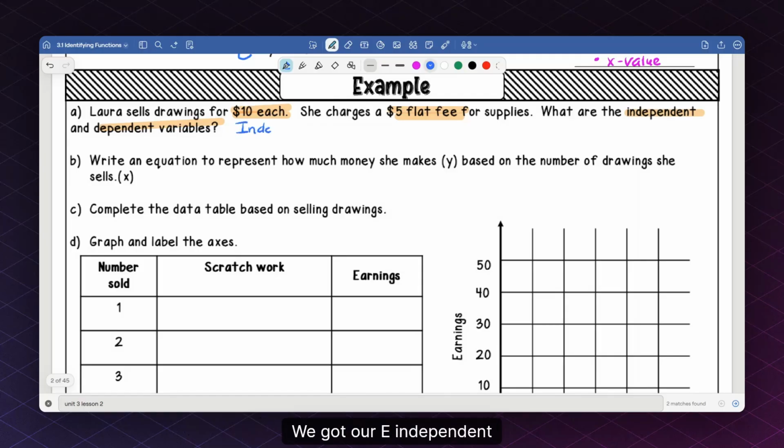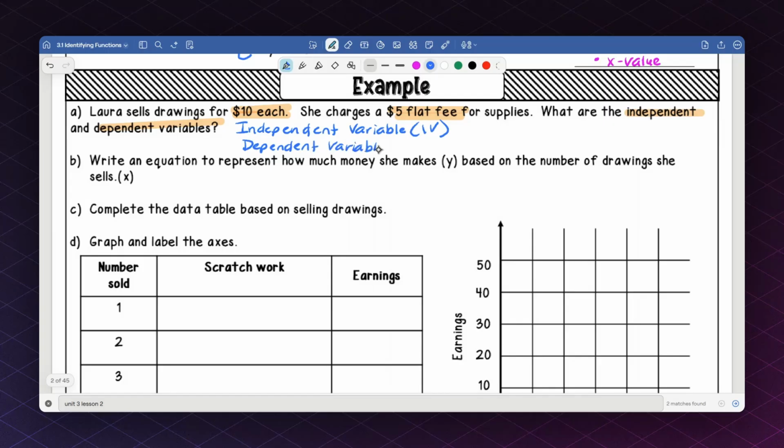We got our independent variable, and that we could abbreviate IV. And then we have our dependent variable. Okay, so think about it like this. Let's say that this artist goes to a sale and they want to make like $500. Well, they can't wish that $500 into being. They have to have plenty of drawings to sell in order to make that $500.